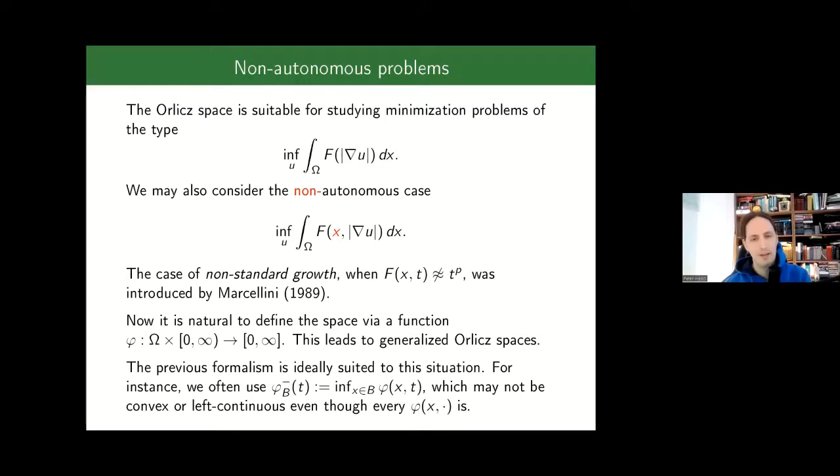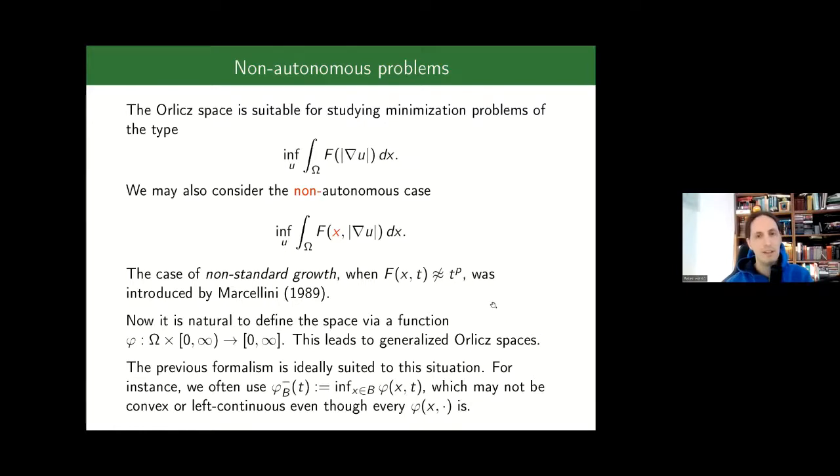And here we have the non-standard growth case, which will be explained in some more detail in a few slides. So it means that this F does not grow like some power.